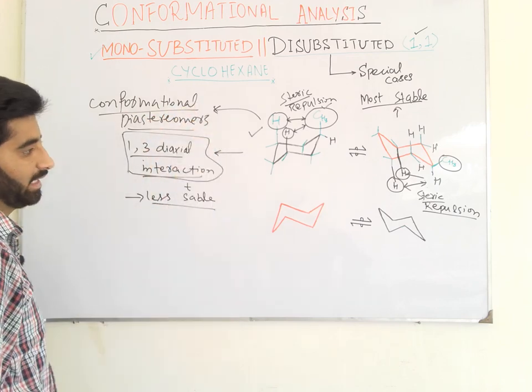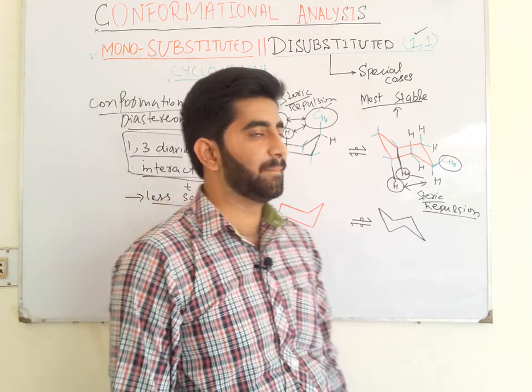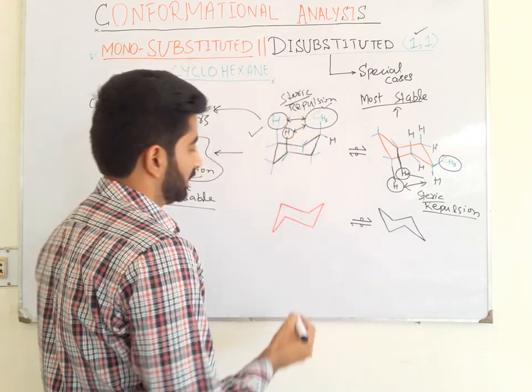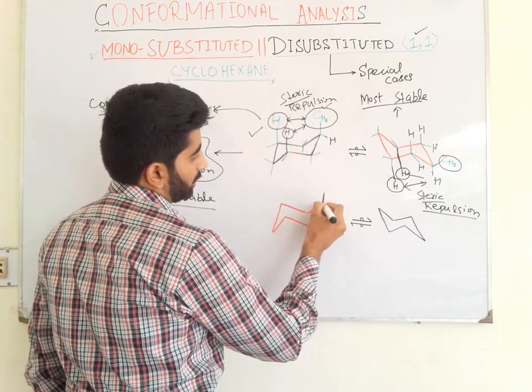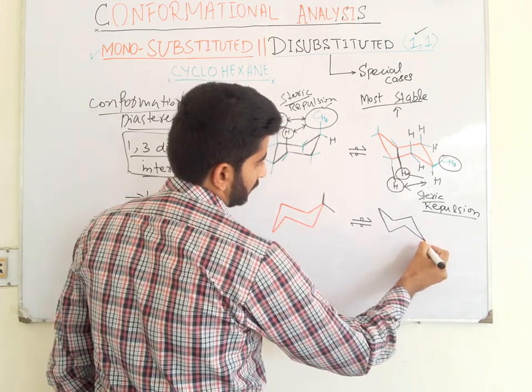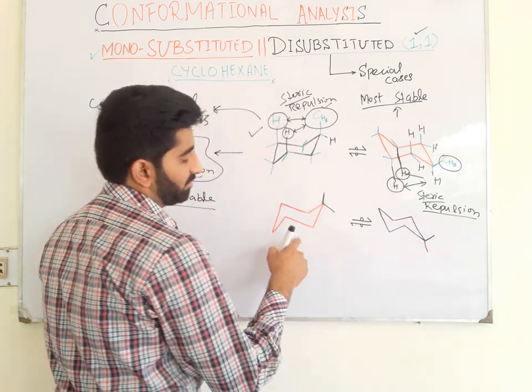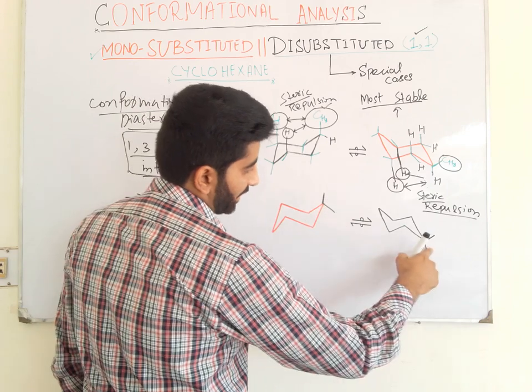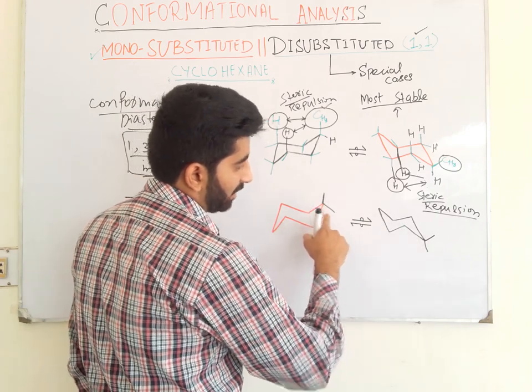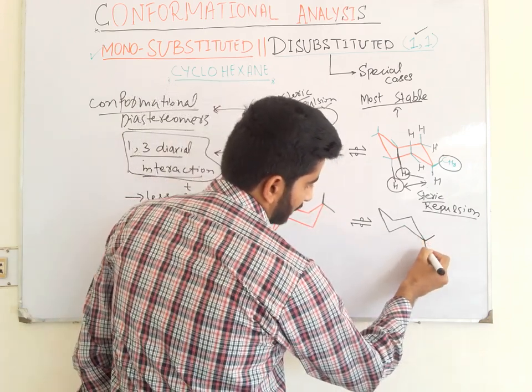They are conformational diastereomers of each other. Now, when we flip this molecule, the axial up becomes equatorial up and the equatorial down becomes axial down.